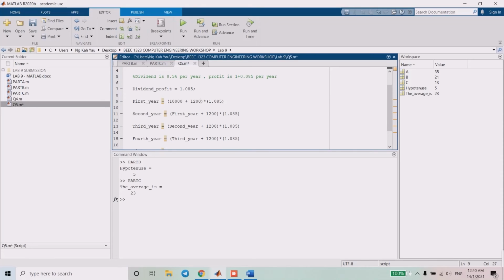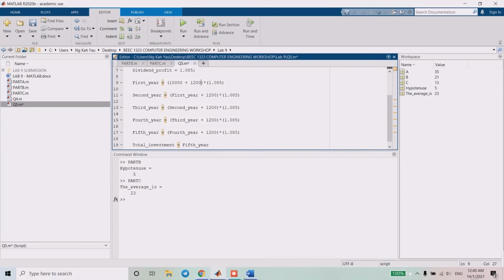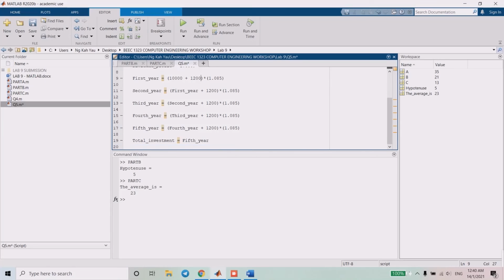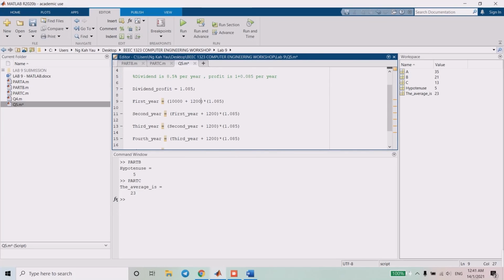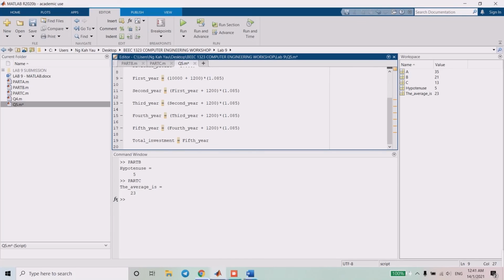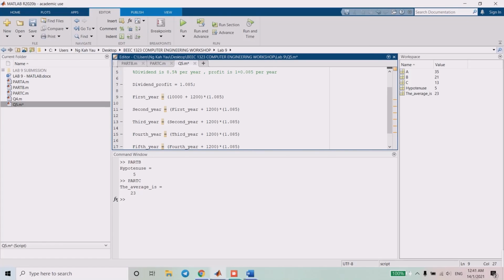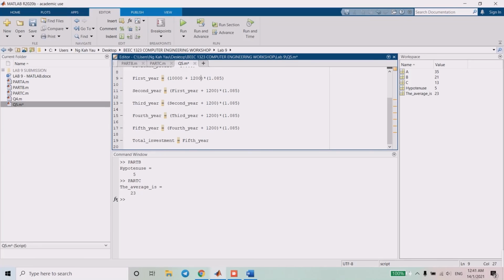Third year, I take the second year, and the fourth year, I take the third year, and the last one, the fifth year, is 2020, which is what I want to know: how much the investment has grown. You can see that I only take the fifth year because investment grows; you don't need to add one by one. The fifth year shows the growth of the whole investment. It's a geometric progression, so that's why we don't need to add one by one.